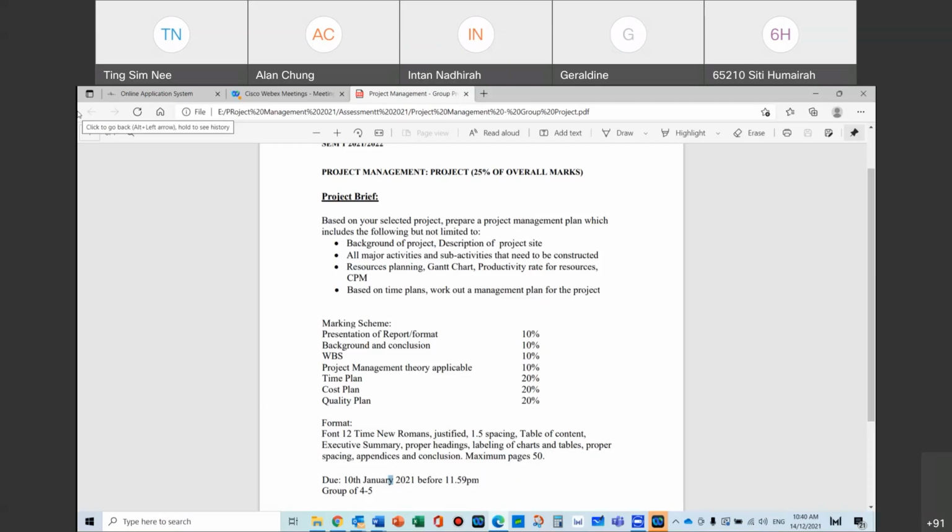If you get it from CIDB, from JKR, from a tender, from your own calculation based on market pricing, or from interviews with some people, just remark it on the side of the rates. Always do that as a practice, because otherwise some examiners may ask, how do you know this? Where did you get this from? So you must be able to answer them.